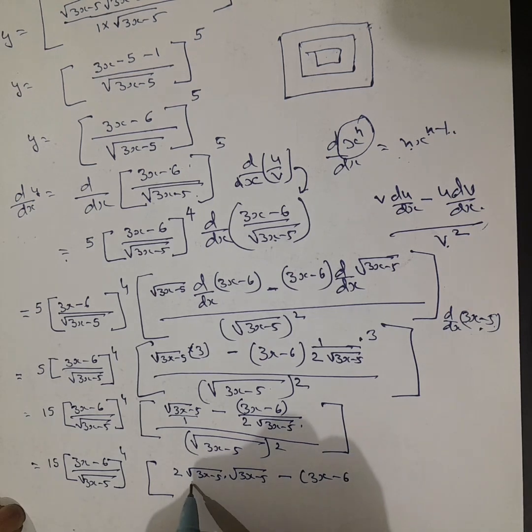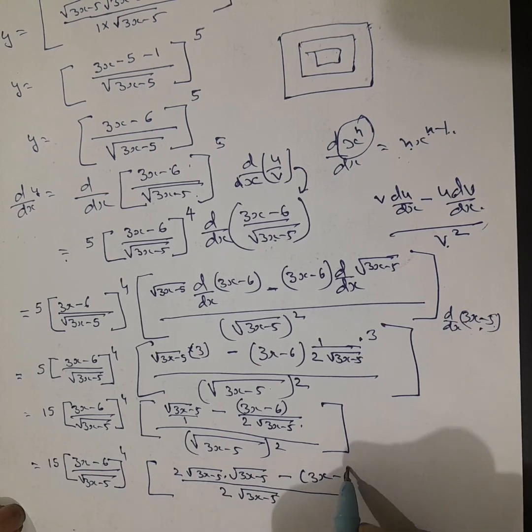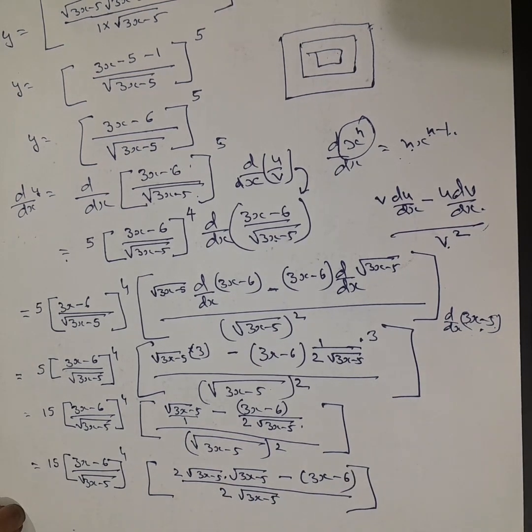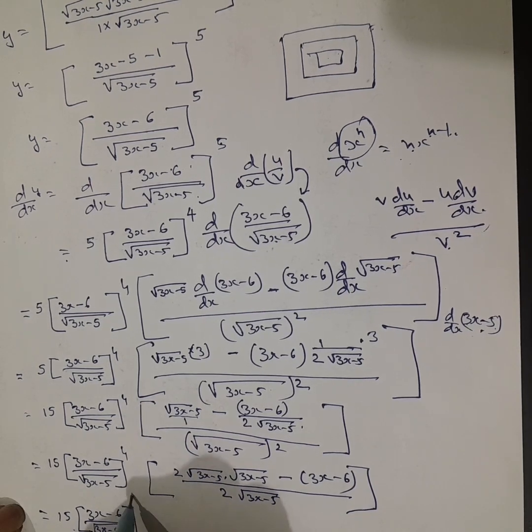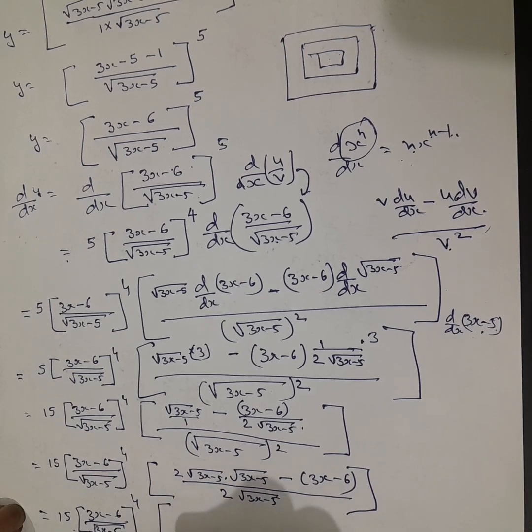Alright, and the whole is divided by 2 root 3x minus 5. So in the next step it is 15 times 3x minus 6 upon 3x minus 5 under root raised to 4.